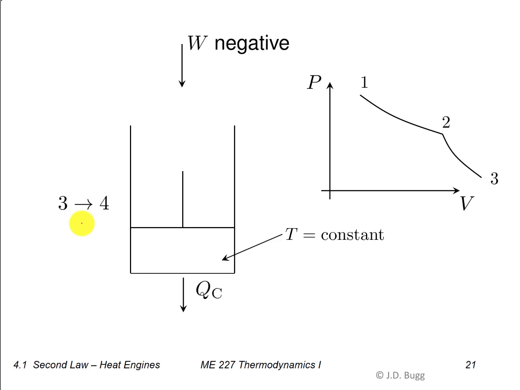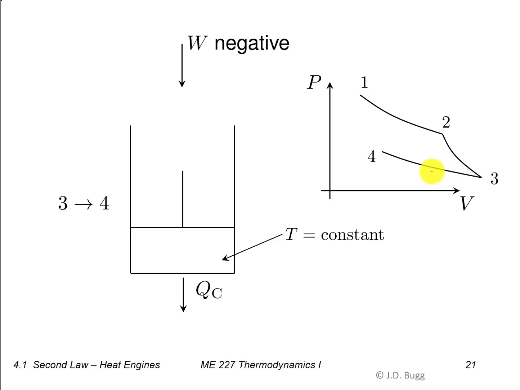There will be some heat that will need to be removed during this process in order to keep that temperature constant. So work being done on the system, heat being removed from the system, and the temperature remaining constant. On the PV diagram, we're going to be moving from right to left along a line of constant temperature.